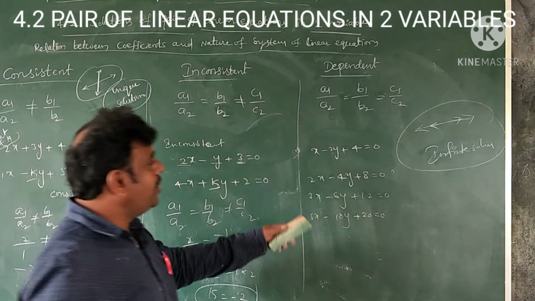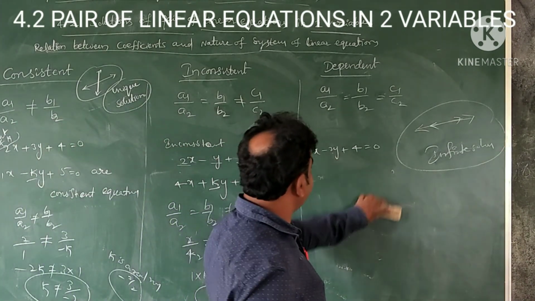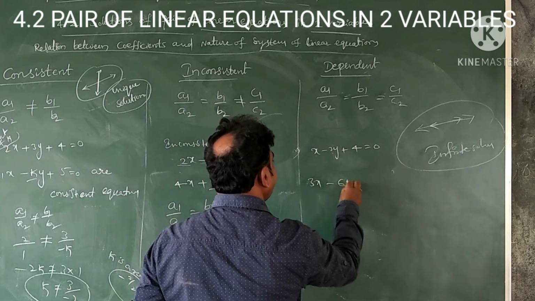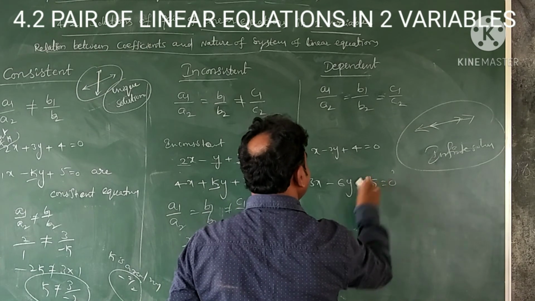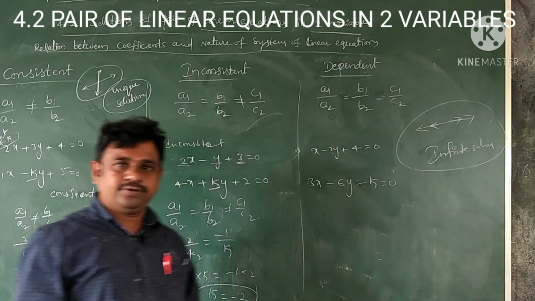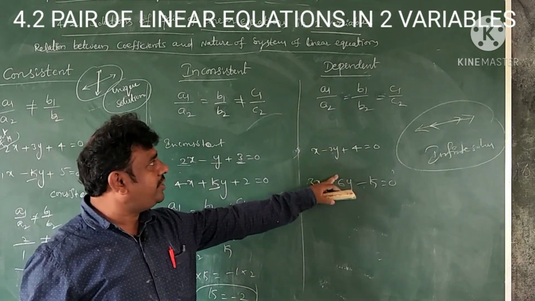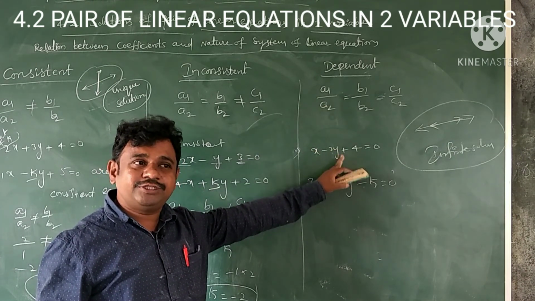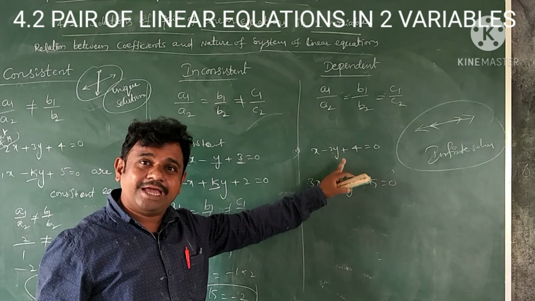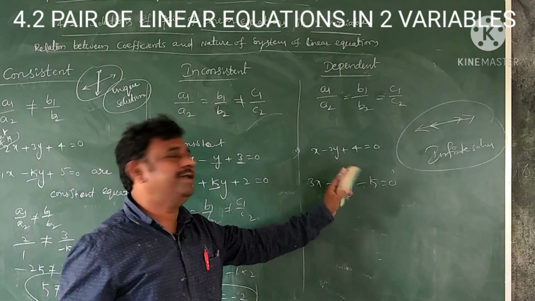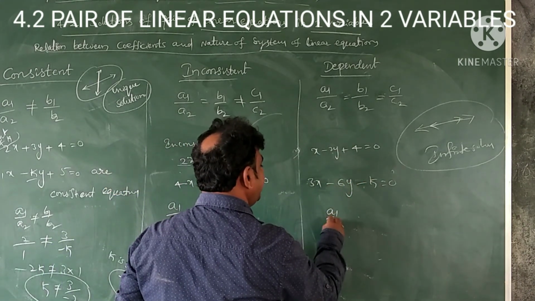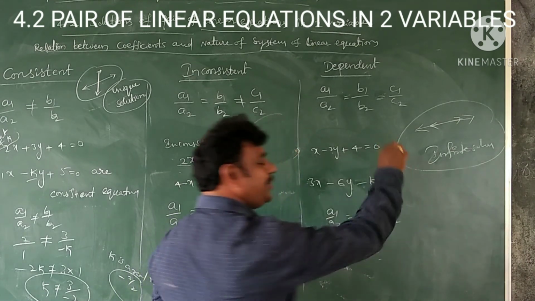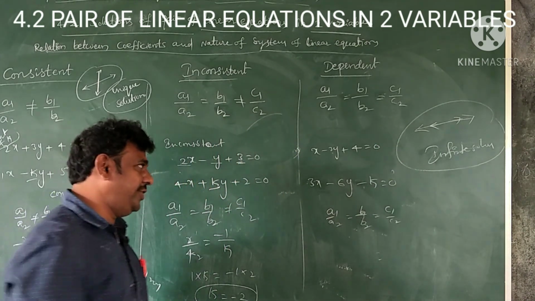Dear students, we also have another question: 3x minus 6y plus k is equal to 0. For what value of k do these two represent dependent lines? These have infinite solutions. Then we remember a1 by a2 equal to b1 by b2 is equal to c1 by c2.